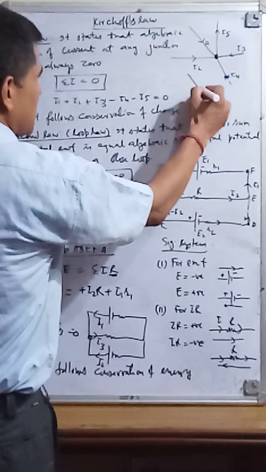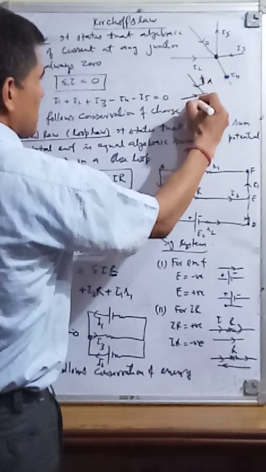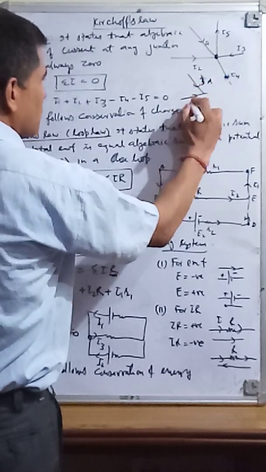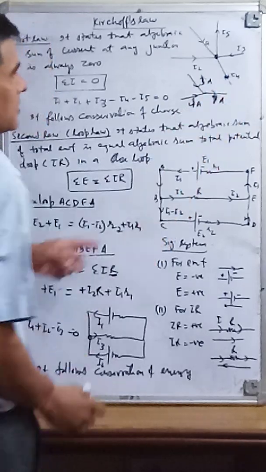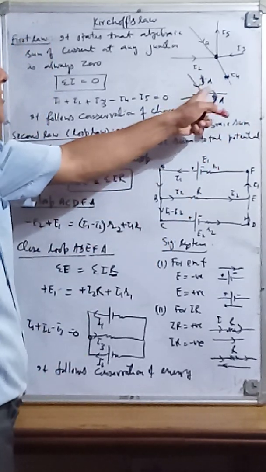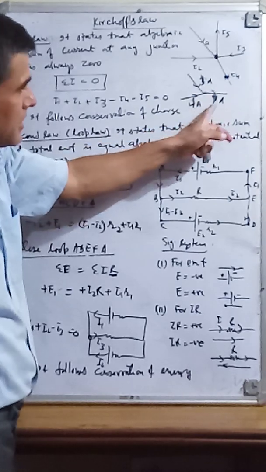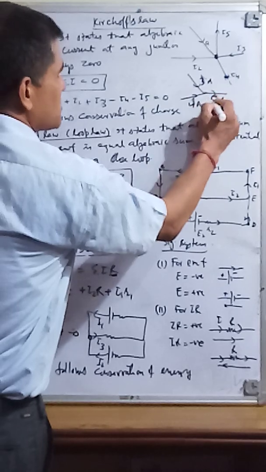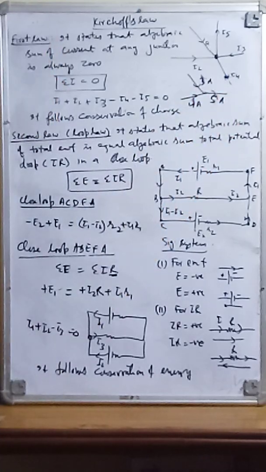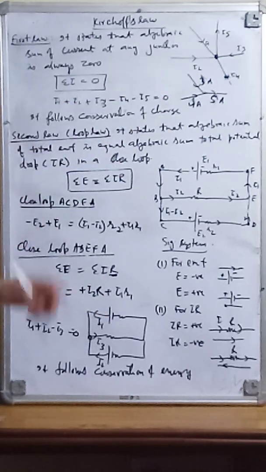Suppose here the current is 3 ampere, and here it is 4 ampere, so the current going out will be 7 ampere. 3 plus 4, means 3 coulomb per second and 4 coulomb per second, then the current out must be 7 ampere, means 7 coulomb per second. If it is 5, then conservation of charge will not be valid, because it is 5 coulomb per second, so charge is destroyed. So the first law follows conservation of charge.